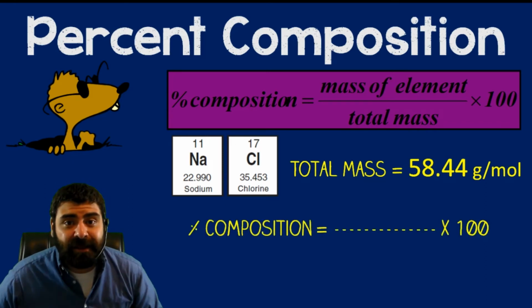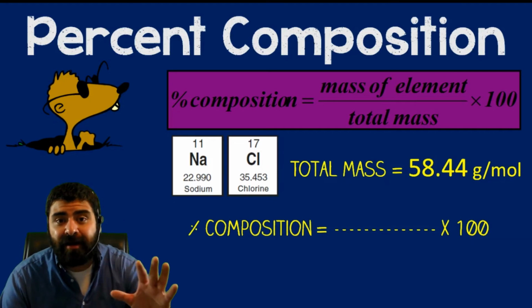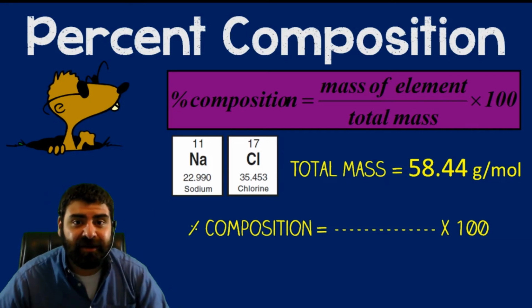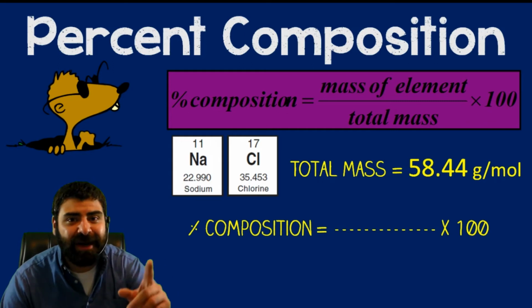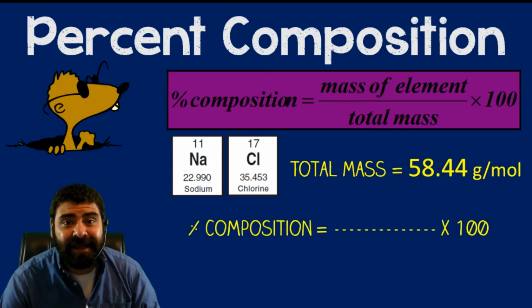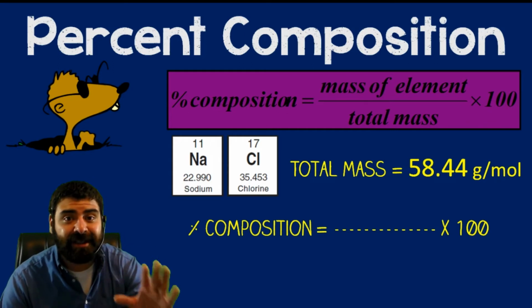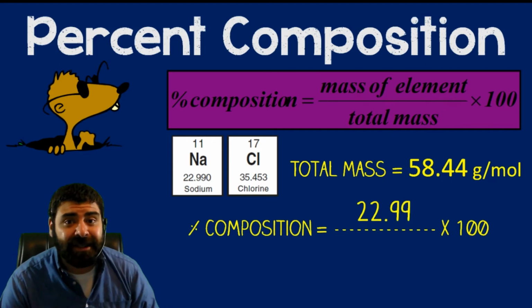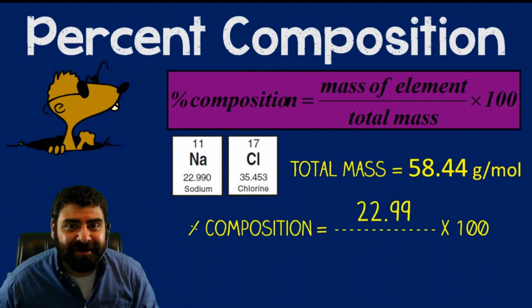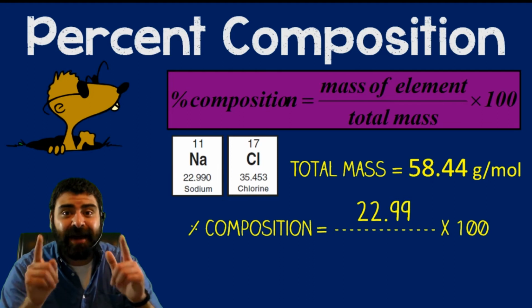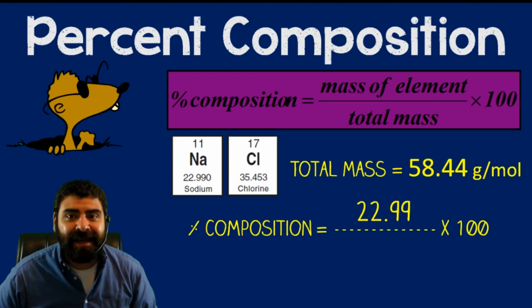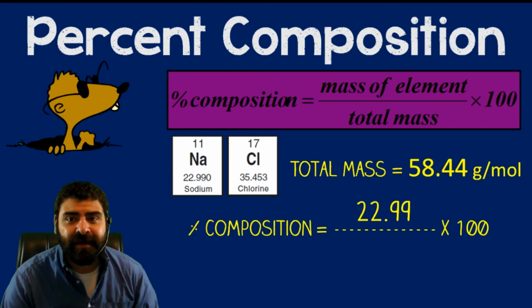Well, we take percent composition by doing the part over whole times 100. In this case, we want the mass of the individual element, which is sodium. To find the percent sodium, we place its mass of 22.99 in the numerator. We divide it by the total mass of 58.44 grams.